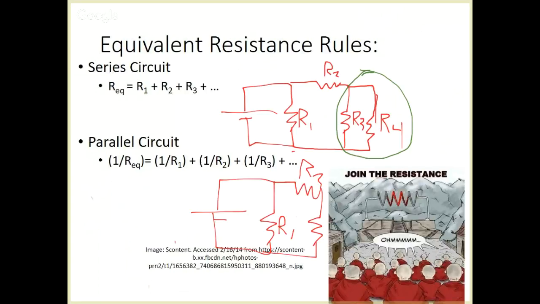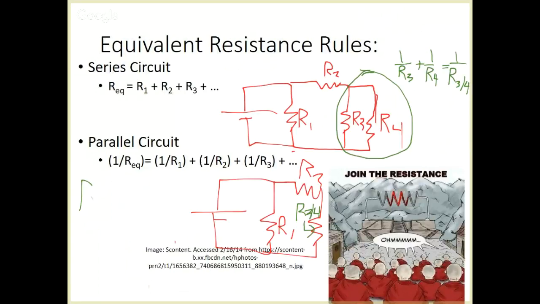For the parallel resolution, I would do 1 over R3 plus 1 over R4 equals 1 over R3/4, and solve for R3/4. That would be your value for this resistor right here.